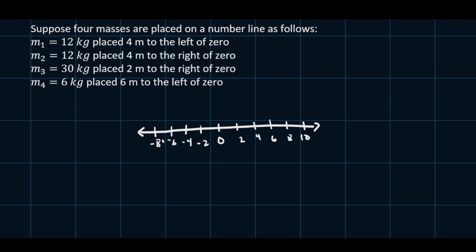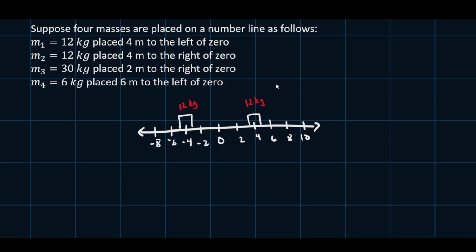Okay, so, let us draw this scenario. Yung first mass daw natin ay located 4 meters to the left of 0. So, nandito siya. Okay? Ang mass niya ay 12 kilograms. Yung second object natin, 4 meters to the right of 0, having mass equal to 12 kilograms as well.